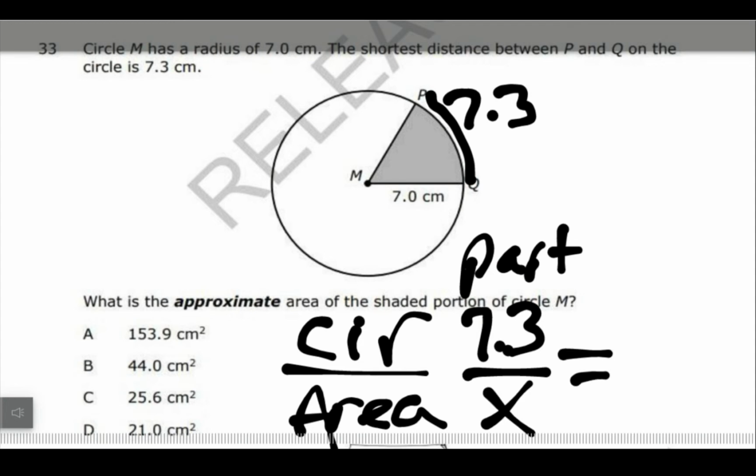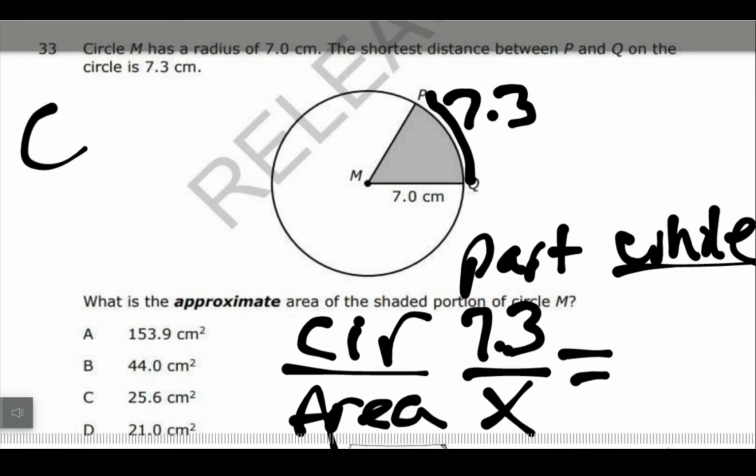And then we can figure out the circumference of the whole circle and the area of the whole circle, and put that on the other side. Because we're going to compare the part to the whole, and that will help us figure out the part of the circle.